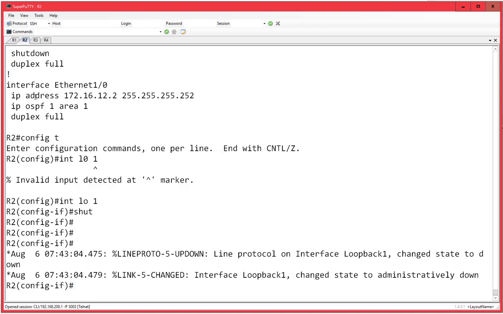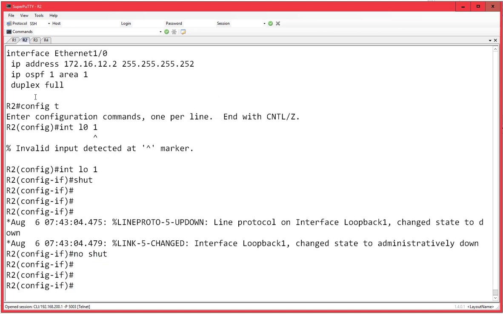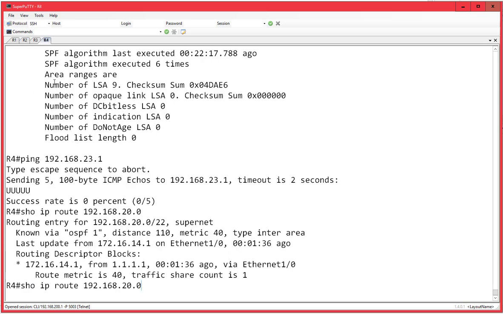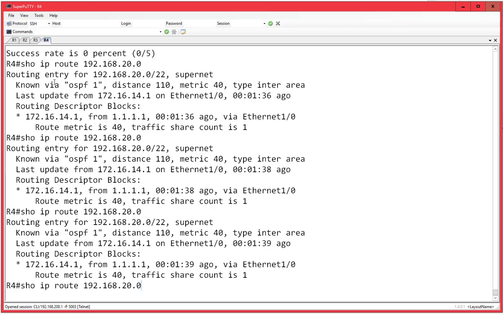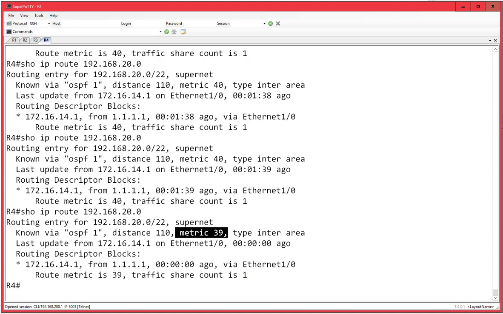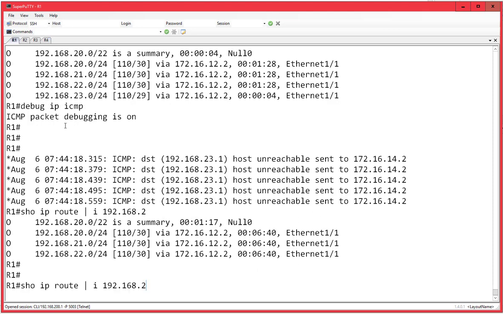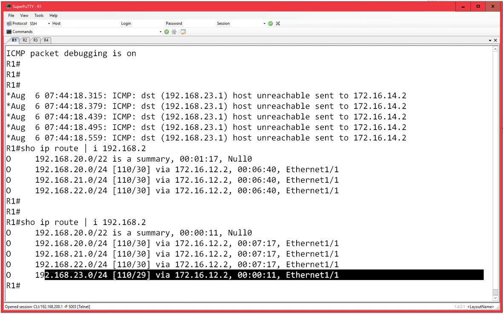Come back to router 2, do a no shut. The metric of the route is going to change on router 4. Should go back to 39. There we go. Goes back to 39. Obviously, a ping to that network will work because now in router 1, we have a specific route.